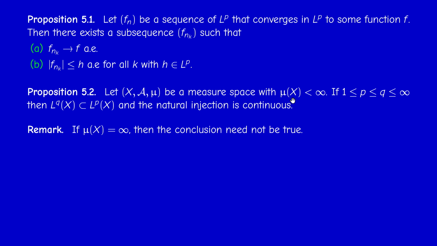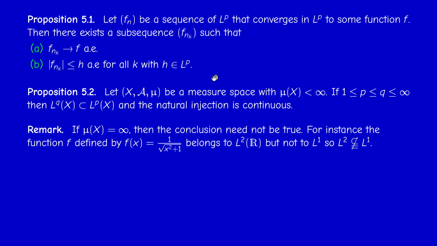If you, for example, take X equals [0, 1], then L^infinity(0, 1) is contained in L^p(0, 1), contained in L^1(0, 1). But if you consider the space of sequences, we have small l^1 contained in small l^p contained in small l^infinity. And this result does not hold if the measure of the space is infinite.